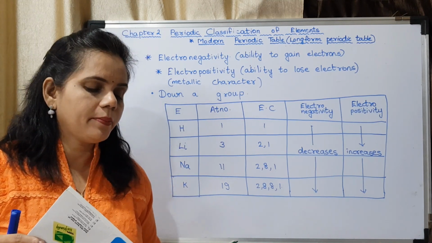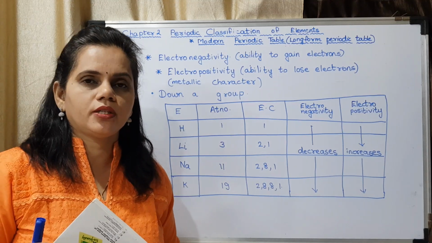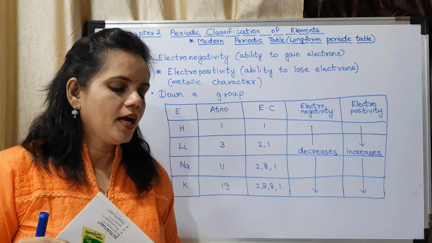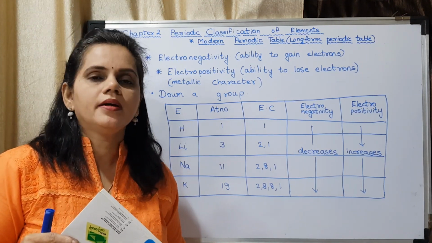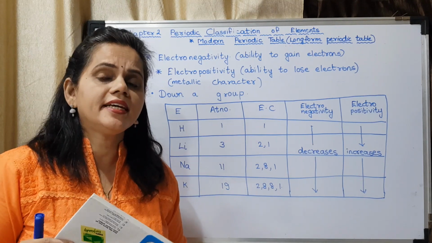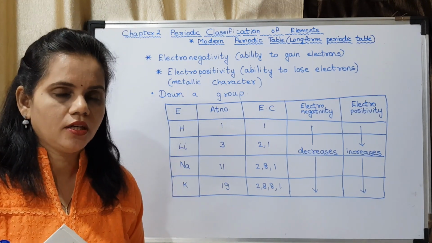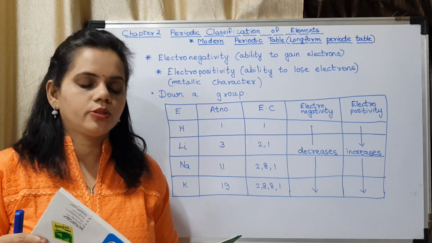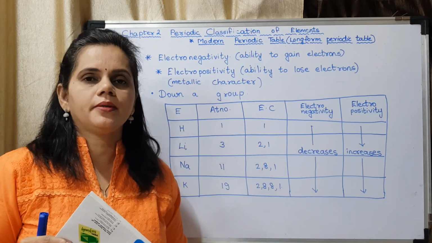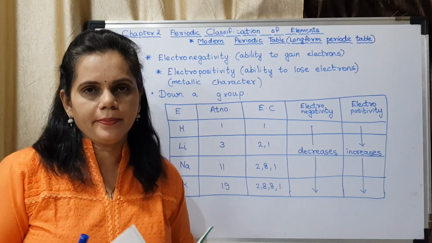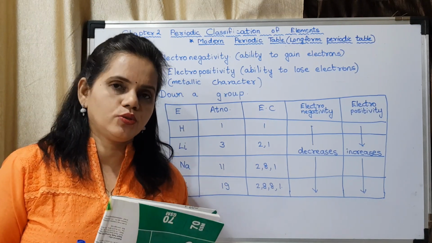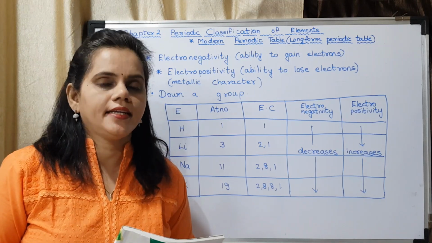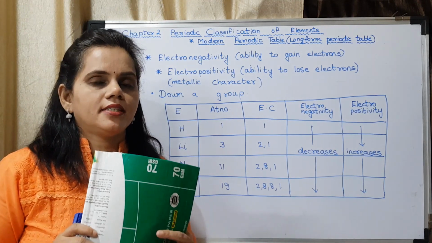According to the table, beryllium does not react with water, magnesium reacts with hot water or steam, and calcium, strontium, barium react with water at room temperature. So when we go down a group, the reactivity increases. Hope you have understood the chapter.